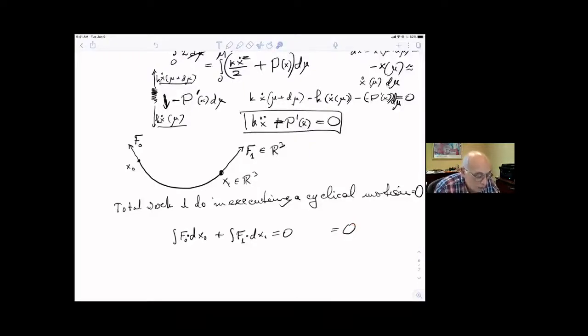I claim that this expression, I proved that the phase area is preserved and much more by this observation. Why is it so? Well, let me say it like this.